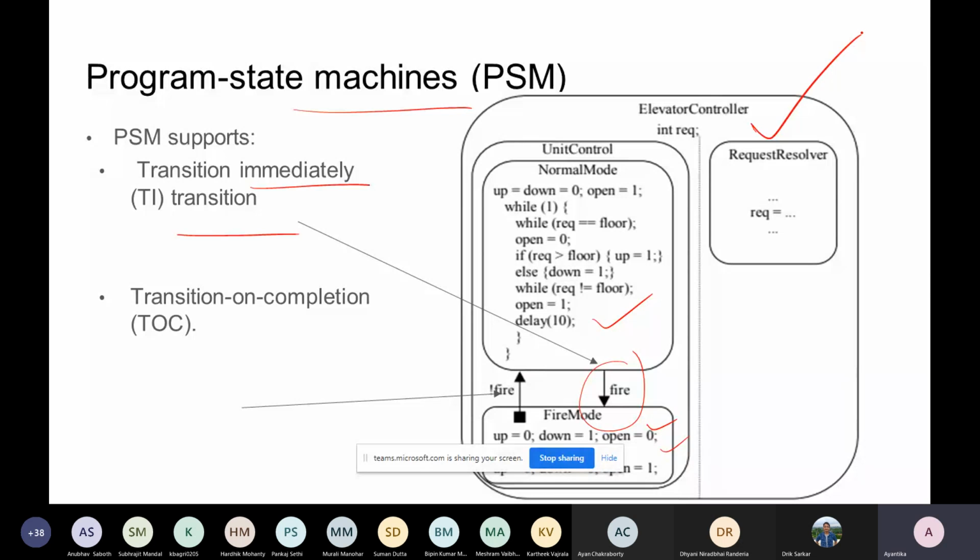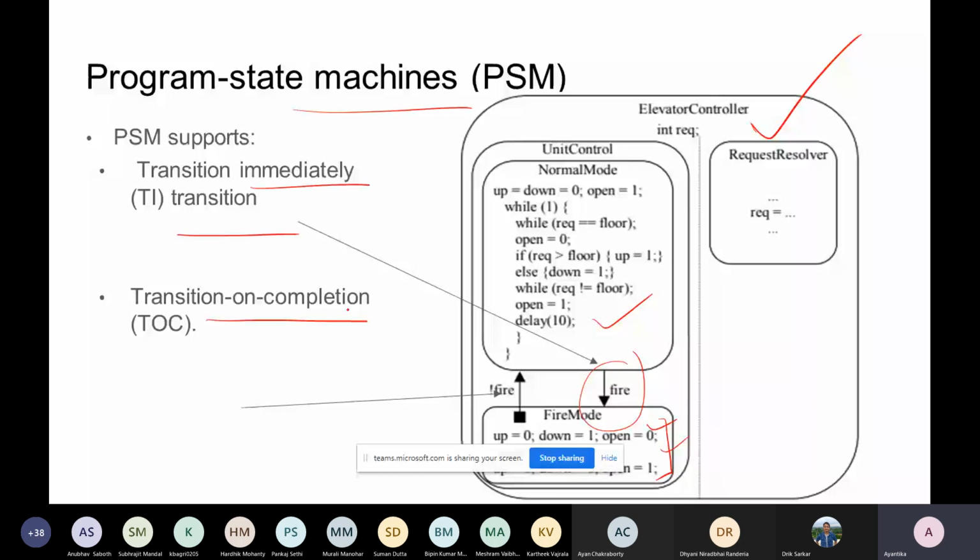For example, your elevator was at the 15th floor, coming down based on the fire input, and when it is at the 3rd floor the fire signal goes off. No, it will complete the whole instruction execution of that fire mode. That is called the transition on completion. Once that is over, it will come down, open the door, and then when someone again presses the button, or according to a specification you give some idle time. That is how you design your system.